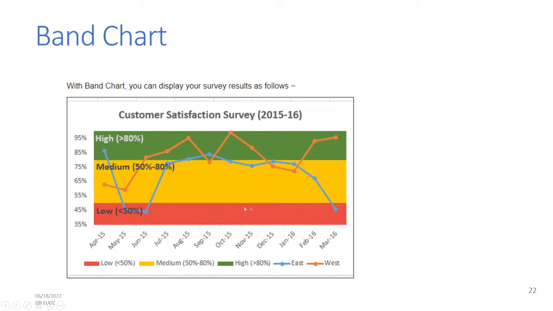So we have here low, it is 50%, medium, and high. So we notice that in this line, we will know where that particular data point is lying. Is it on high, medium, or low? This one is also low.